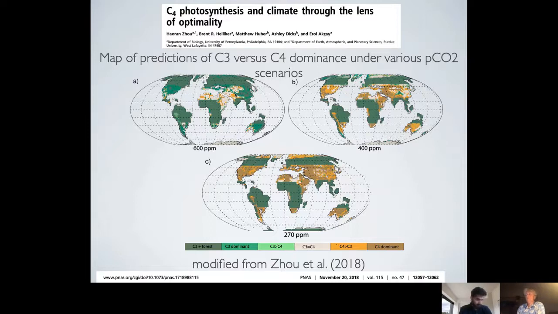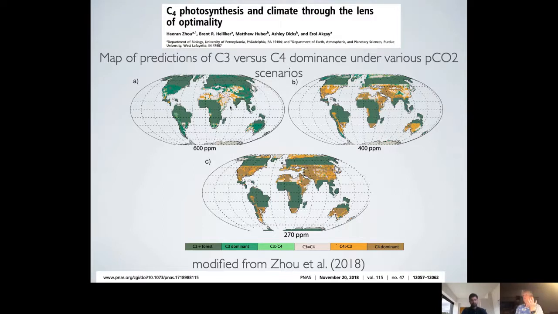And so if you have high CO2, you expect the region of these brown colors, the C4 plants, to be restricted. And then as the CO2 comes down to the Pleistocene number, you can see that C4 has expanded everywhere across the United States, all across Asia, Europe, Southern Europe, East Africa and Northern Africa, South America, Australia.